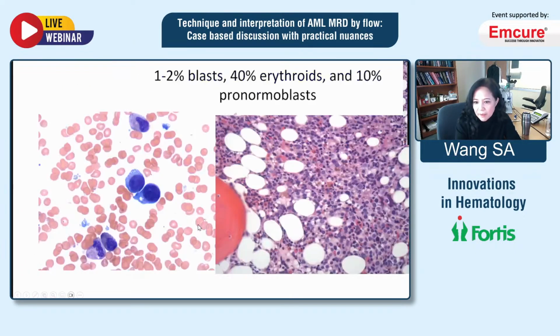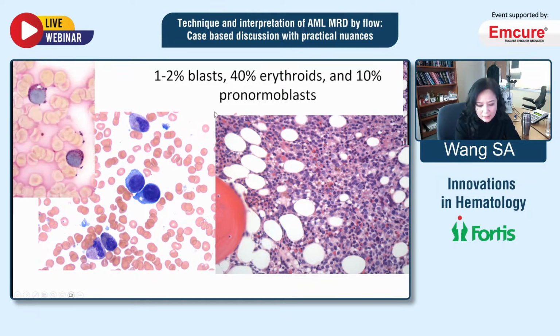In every case we have morphology, and you start to see this very immature erythroid, almost blast-like, pronormoblasts, but very abnormal ones. If you look at the biopsy, you start to see these cells, right? So in this case, even though we only had 1 to 2% blasts, we did have 10% pronormoblasts by counting. This is the PAS to show these abnormal erythroid precursors.